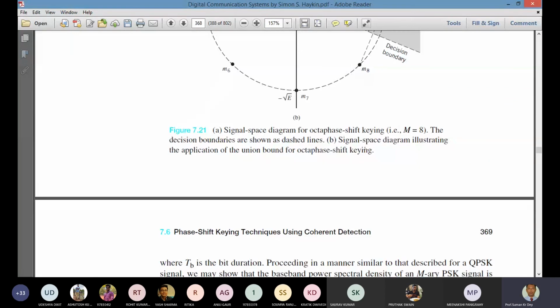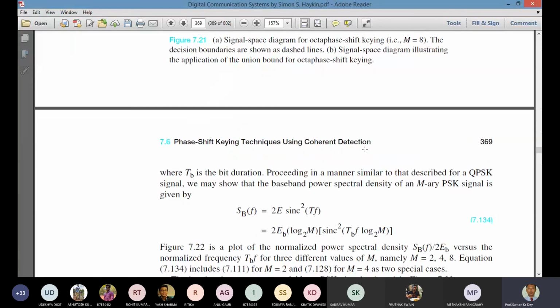Okay. So now similarly, how do we calculate the power spectrum density for this M-ary signal? For the M-ary signal, the power spectrum will be this, and if we put in the equivalent values, E is the energy per symbol and T is the time duration for the symbol.